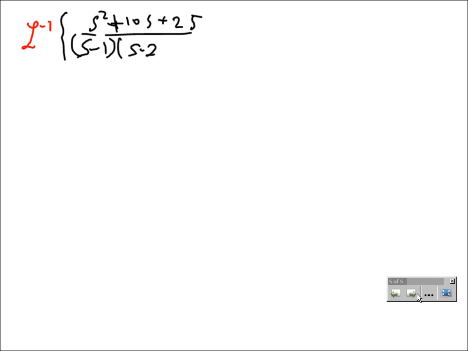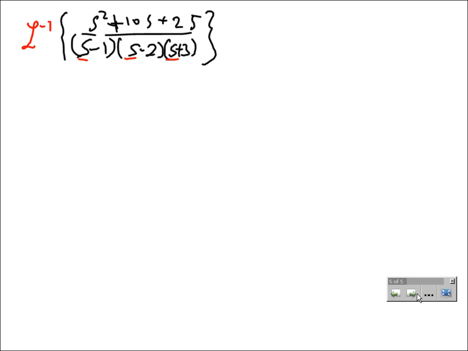Now, when it comes to finding Laplace transformations in textbooks, you're going to see a lot of problems that involve partial fractions. The degree of the bottom is 3, because when you FOIL out, eventually you're going to multiply those 3 s's together and get s cubed. And the top is just s squared.